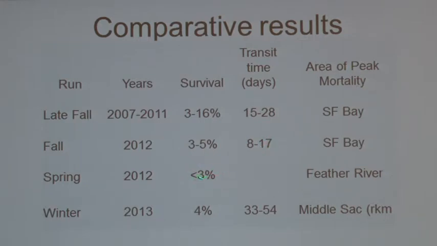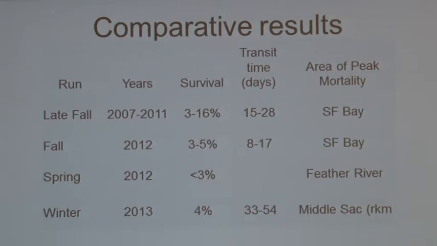The spring Chinook salmon released from the Feather River had very poor survival. And also there's differences in the spatial pattern. They really suffered very heavy losses within the Feather River itself and did better once they got out of there. And the winter run Chinook salmon, which is more of an intermediate-sized fish migrating in the springtime, had not very good survival either, and took quite a long time to move out of the system.